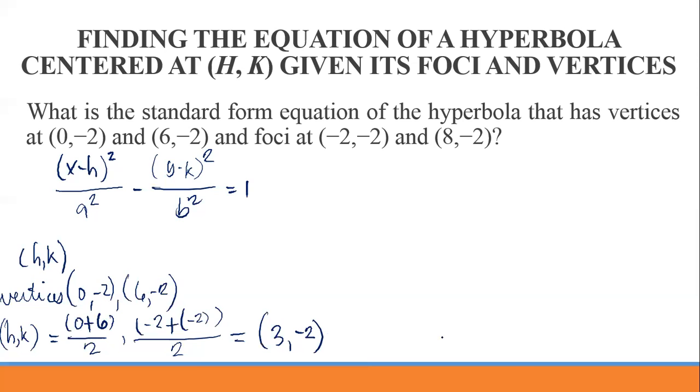Now, we have to find a squared. Okay, so the length of the transverse axis is 2a, tama? So 2a, which is bounded by the vertices. So we can find a squared by finding the distance between the x coordinates of the vertices.